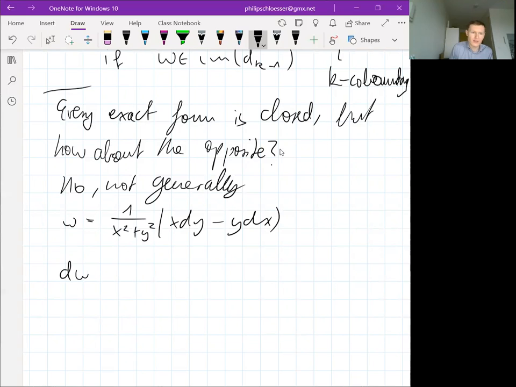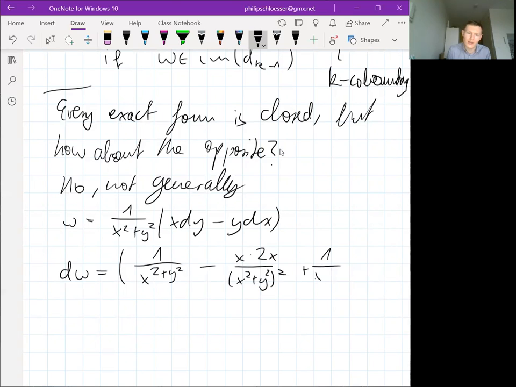If we apply the exterior derivative, to make a long story short, we get 1 over x squared plus y squared, this is one of the derivatives, minus x times 2x over (x squared plus y squared) squared, and then we have the y terms.